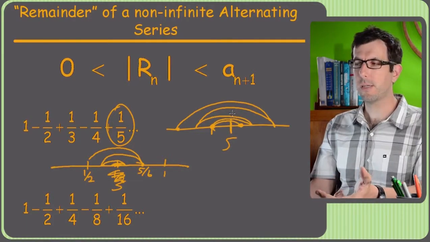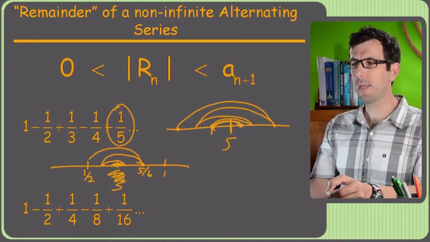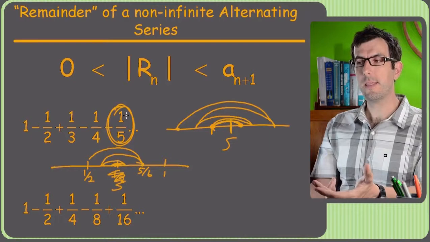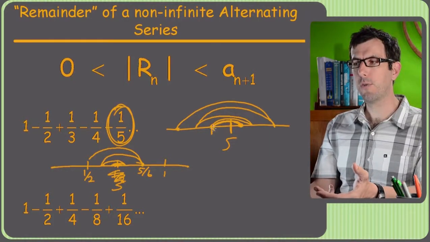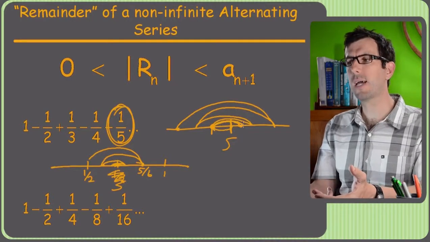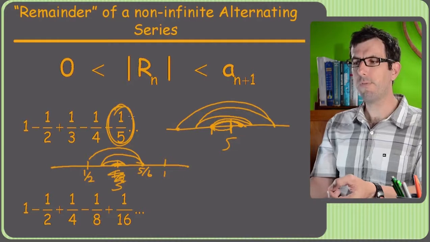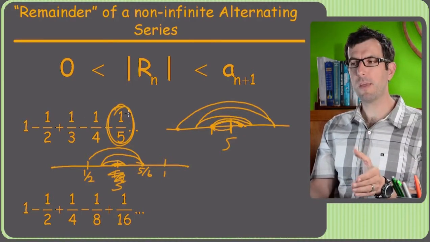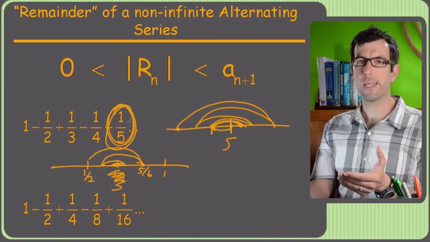Which means this jump I just made, which was 1/5, is bigger than the distance from where I was to the actual sum. This little leap here is smaller than the leap I just made all the way to the other side. Therefore, if I've added up 4 terms, I must be within this 5th term of the correct answer.